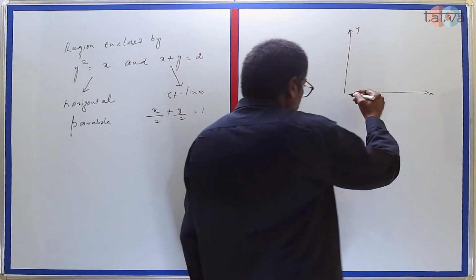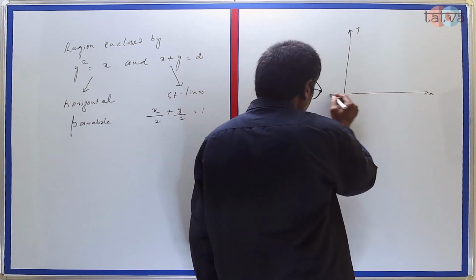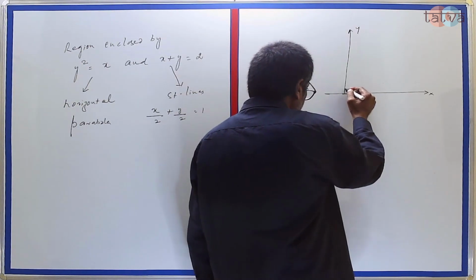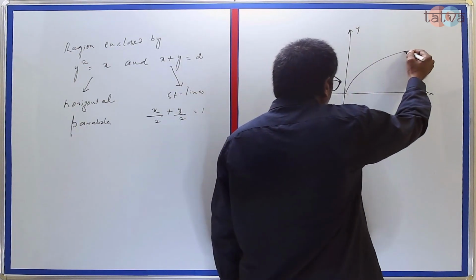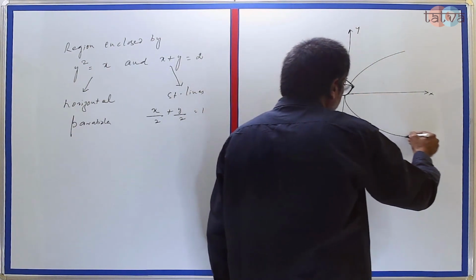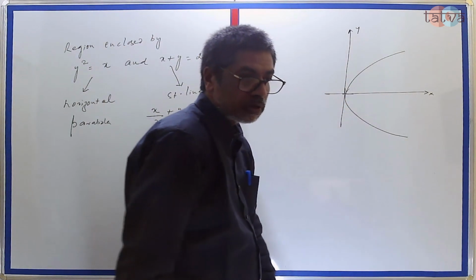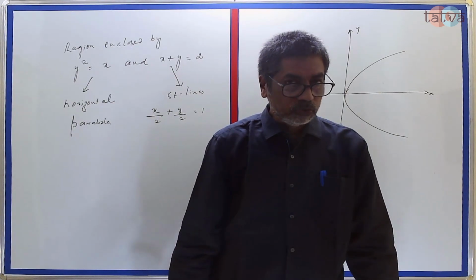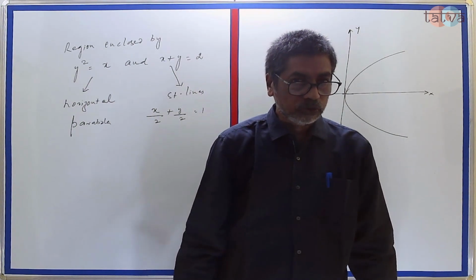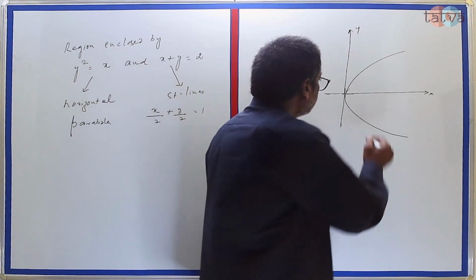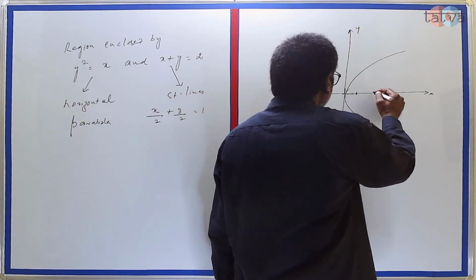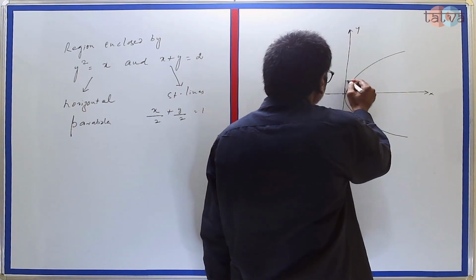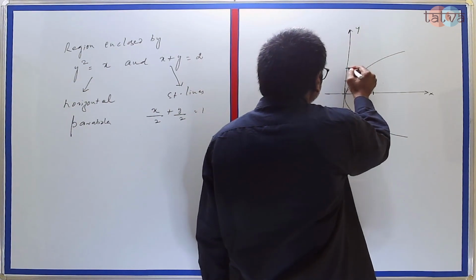So y square is equal to x. We'll have an upper branch as well as a lower branch. And then comes the straight line, x by 2 plus y by 2 is equal to 1. So mark 2 units on the x-axis, mark 2 units on the positive y-axis.